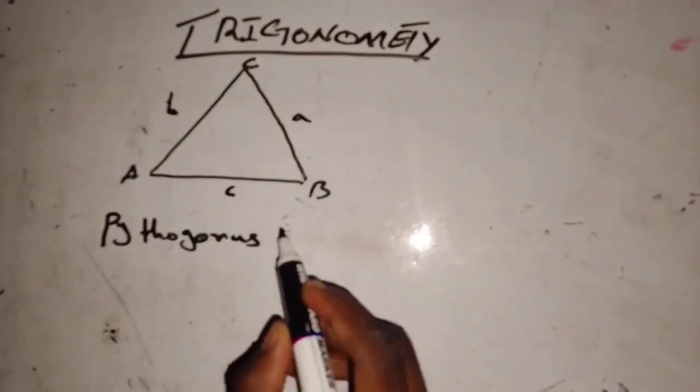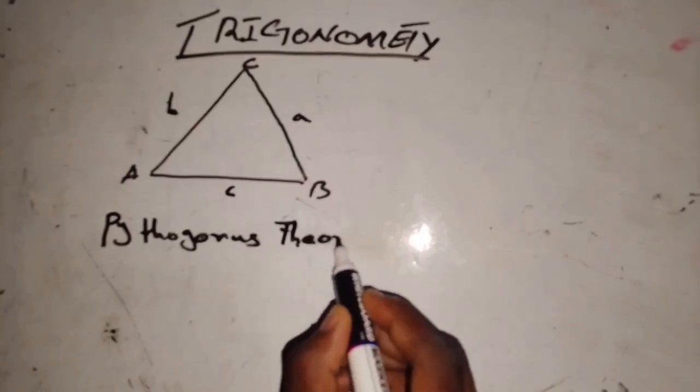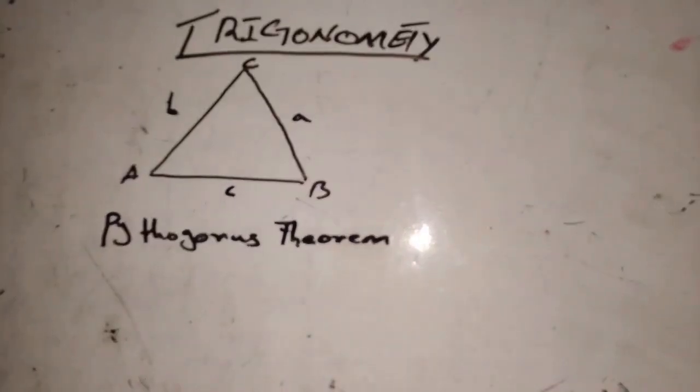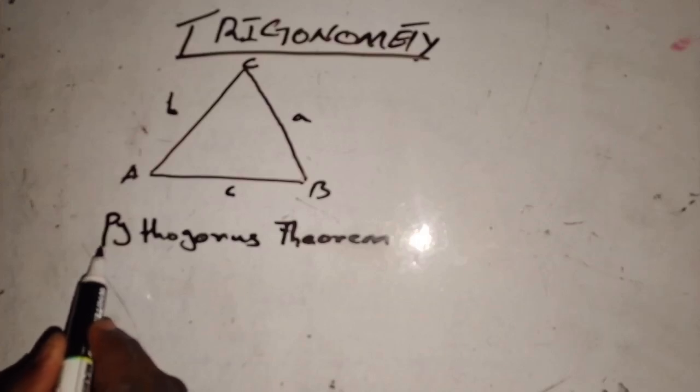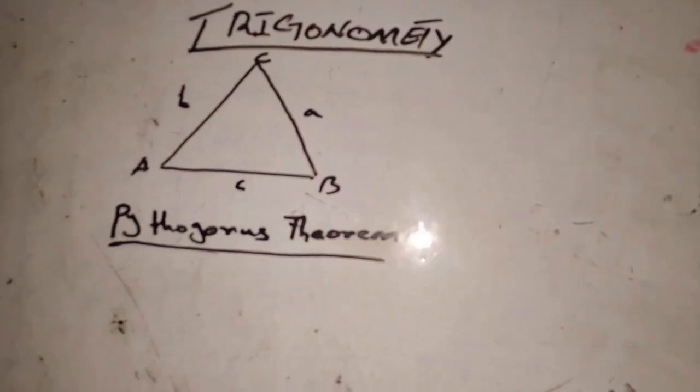Let me write it properly. Pythagoras theorem is the relation between the sides of a right angled triangle. So whenever you see a right angled triangle, Pythagoras theorem must come to your mind.